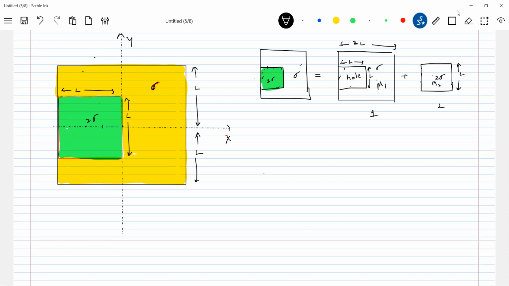That's what we are discussing. Or another method: this is also equal to a full square plate without any hole, density sigma, side length 2L, plus... now which one is easier? Check it and proceed. Both are the same, no?